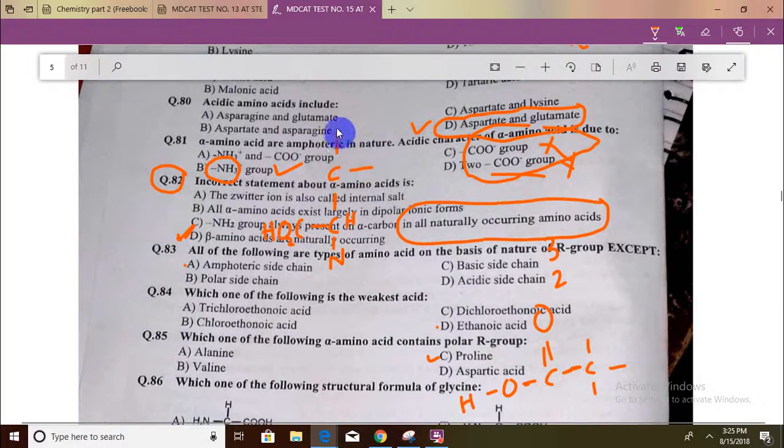It's attached to another C like this, and this is attached to a C group, which is like this, which also has an attachment like this.